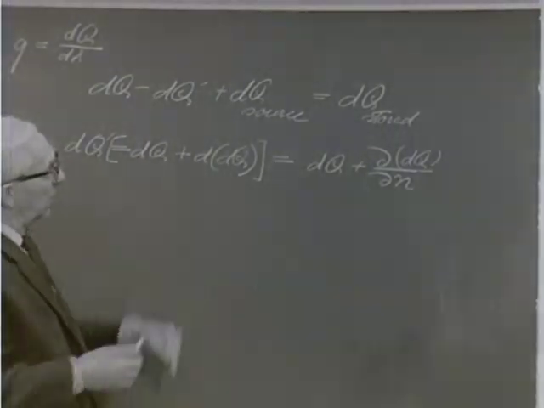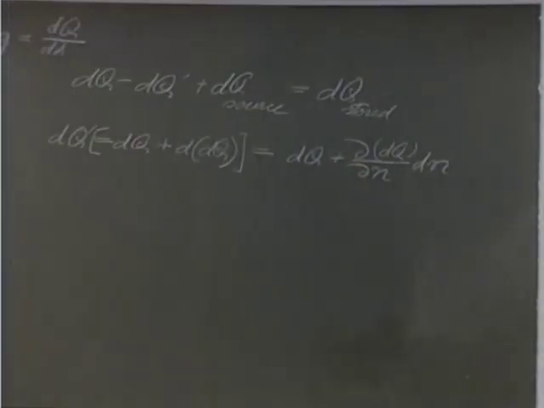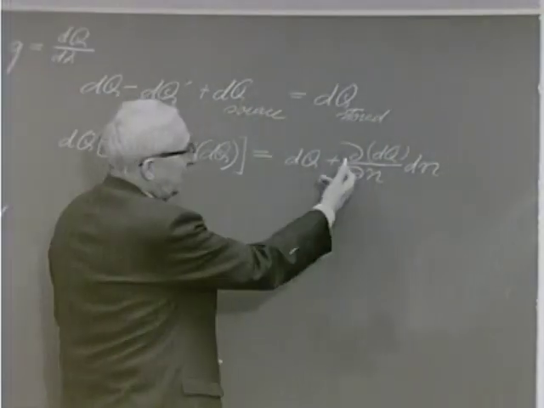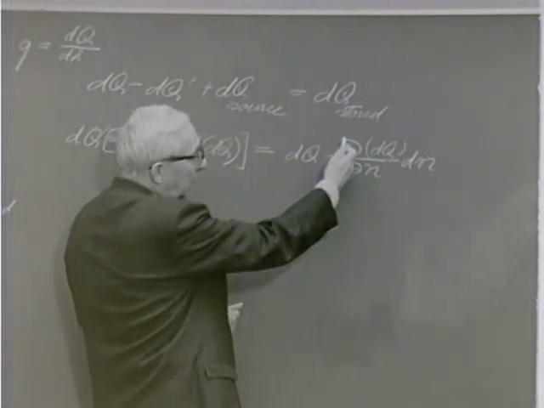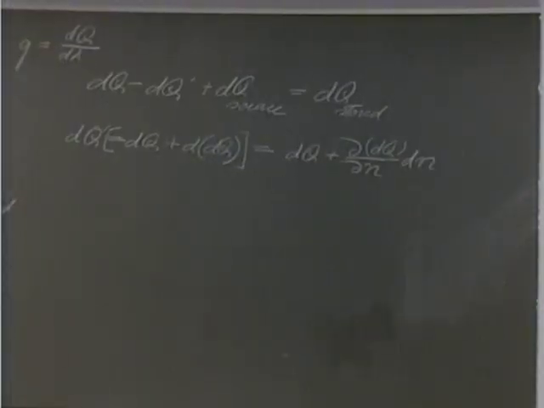I want to have the change on a small distance dn. I multiply this once more with dn. So as far as the quantities are concerned, the dn would drop out, and the equation is the same as here. But in this way, I know that the change is meant as a consequence of the change in location.